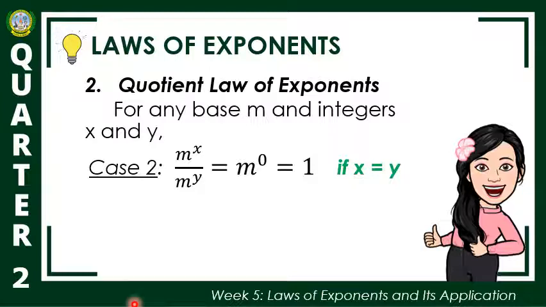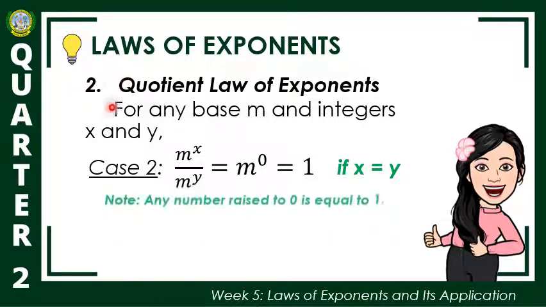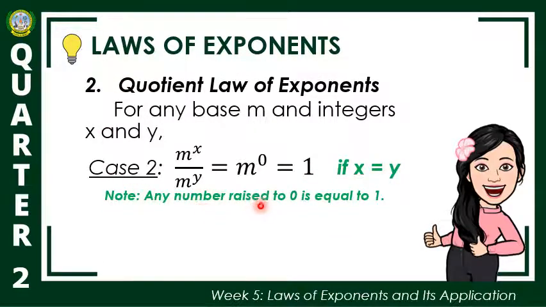So, 3 divided by 3, that is 1 also. So, that means that m raised to 0 is equal to 1. Okay? And that means also that any number raised to the power of 0 is equal to 1. Okay? So, kahit po gaano pa kalaki yung base natin, kung ang exponent po ay 0, ang actual value niya ay 1 pa din. Okay po?